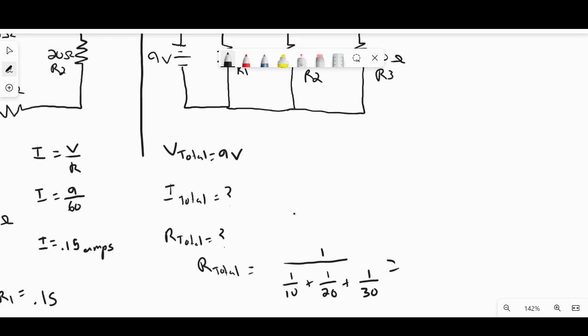So that's for the bottom portion. We have 1 divided by 0.183 repeating. So if we do 1 divided by 0.183, we get a total resistance that is equal to, and I'm just going to round here, 5.46 ohms.